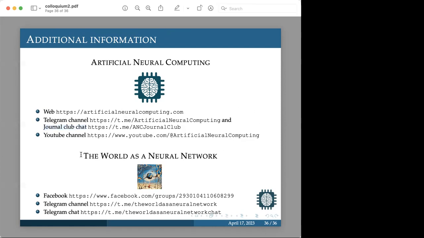And this is a new initiative that built out of a very old Facebook group of people who just like the idea that the world is a neural network. The first part is mostly physicists, with some machine learning people.